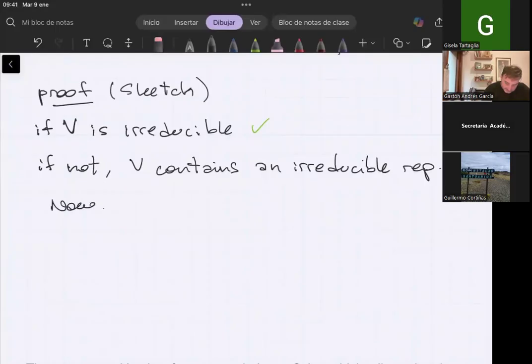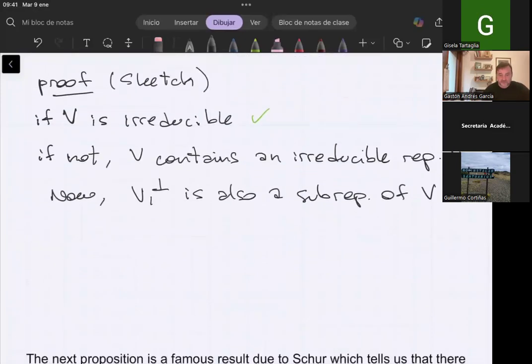Now V1 orthogonal is also a sub-representation of V, okay? When I write V orthogonal, I'm thinking of a unitary representation, and V1 orthogonal is the set of elements of V whose inner product with every element of V1 is zero, with respect to the G invariant inner product.